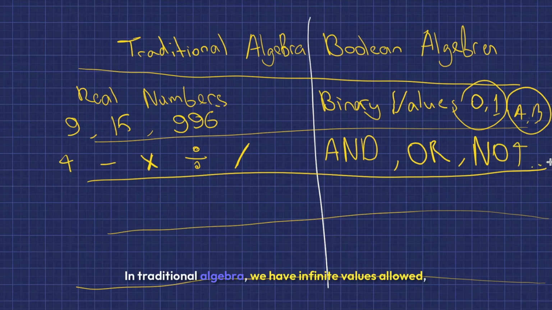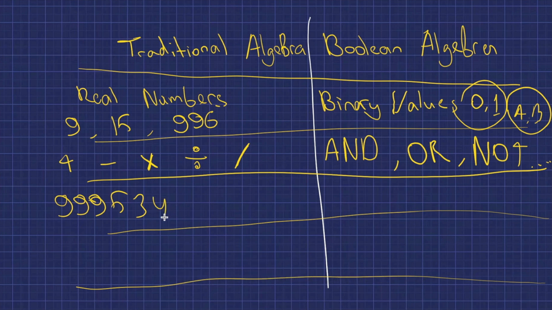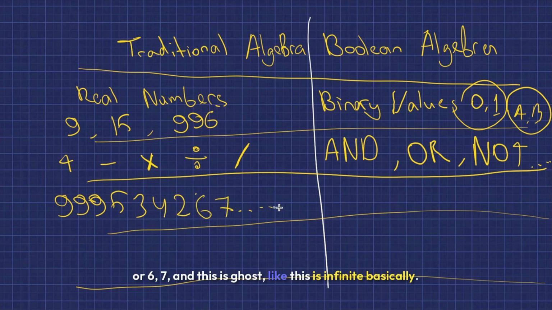In traditional algebra we have infinite values allowed. Like you can combine, for example, 9995324 or 67, and this is infinite basically. And in Boolean algebra you can use only two possible values.